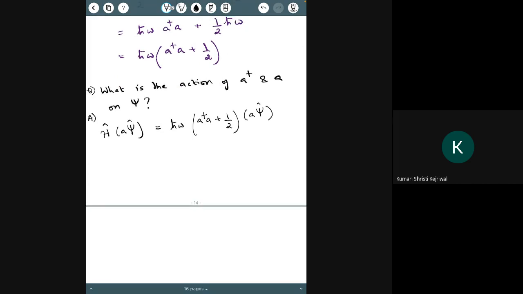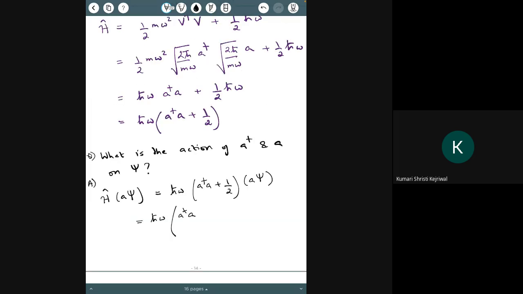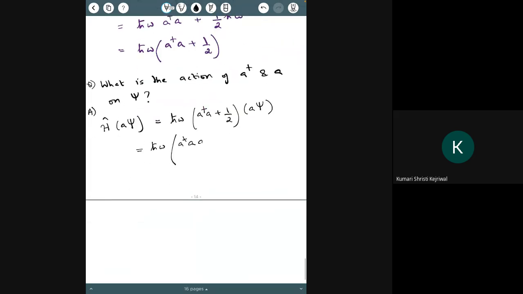Oh sorry, why am I putting hats on psi? That's not right.